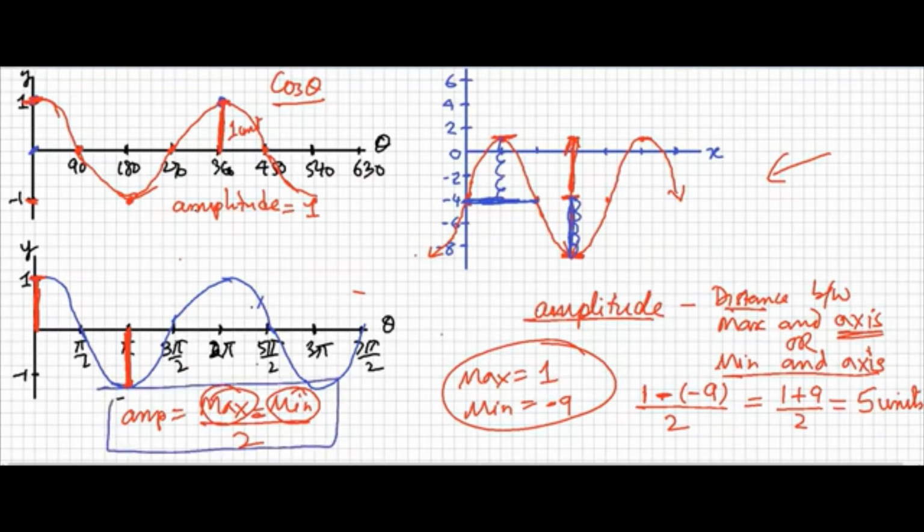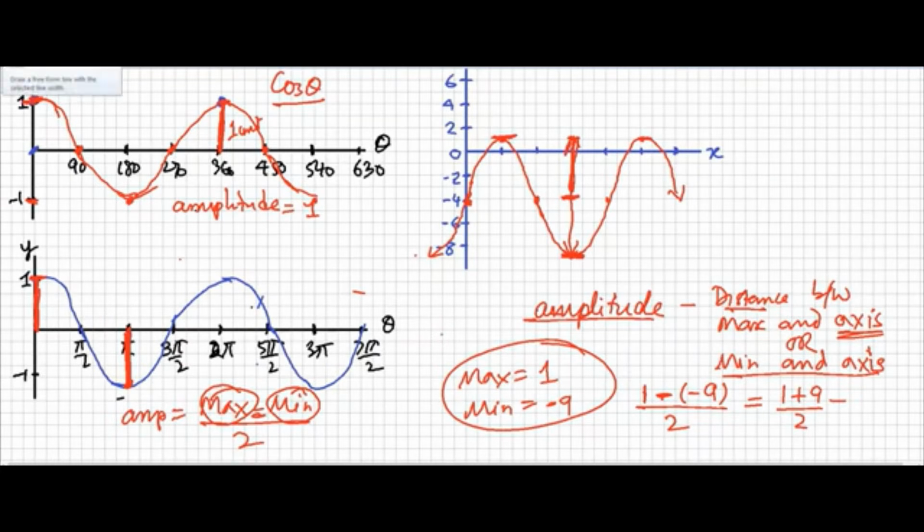Now the second feature is the axis itself. Okay, let me try to clean this a little. Okay. Now the axis is the line between the two, the average of the two. How do we find the average of two? Maximum and minimum, because it is exactly in the middle of these, right? And if something is in the middle of two numbers, we call it average or mean.